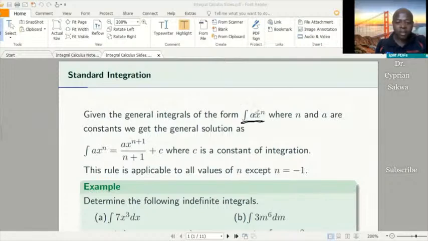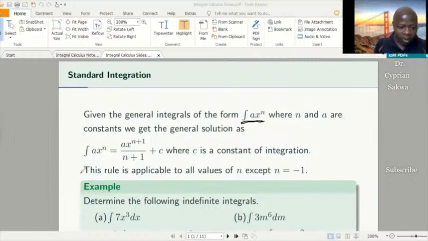So what we are saying is, when you are given the integral of a x raised to n, where a is any constant and n is also another constant, the solution is that we just raise the power by 1, so it's a x to the n plus 1. This is our new power, and we divide by this new power.